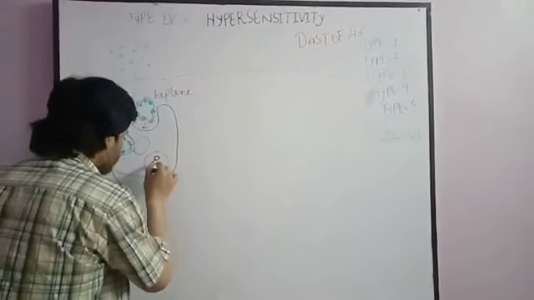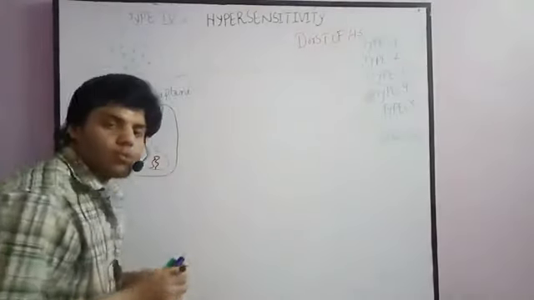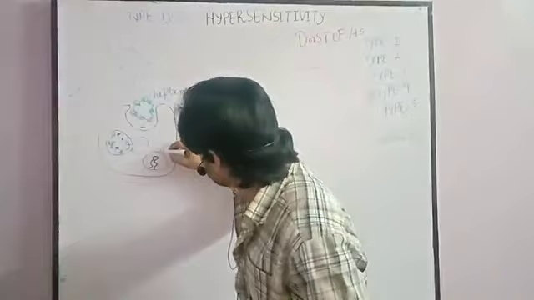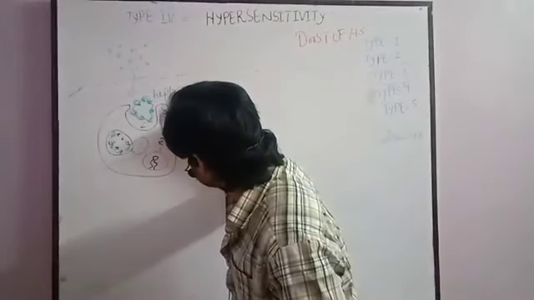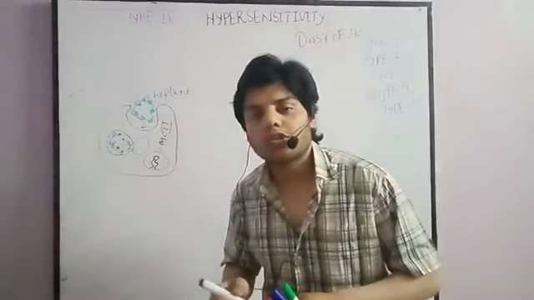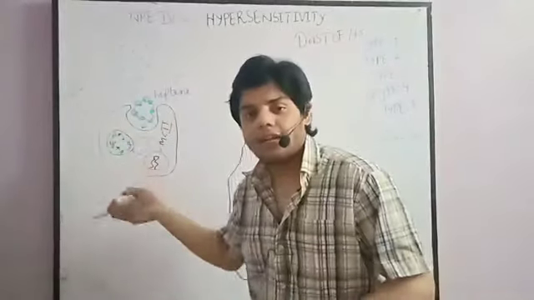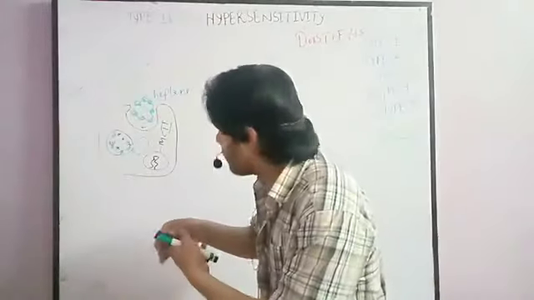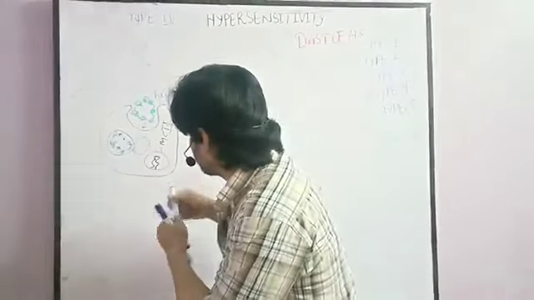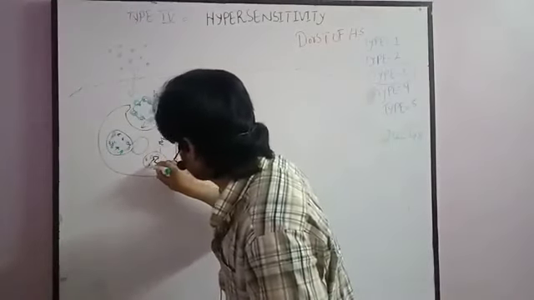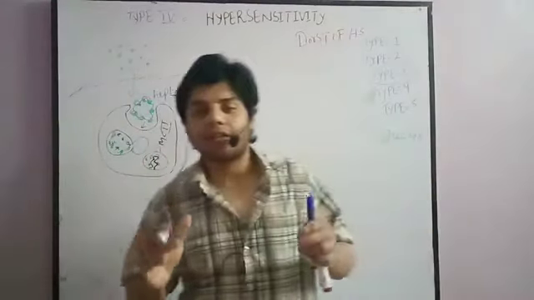These are the MHC2 molecules. Let me write MHC2 molecules. Now each MHC2 molecule will get these peptide molecules, meaning each antigenic molecule will be connected to its surface.